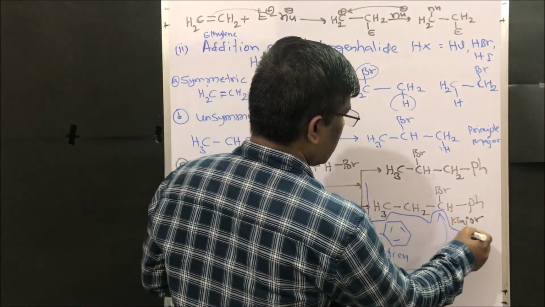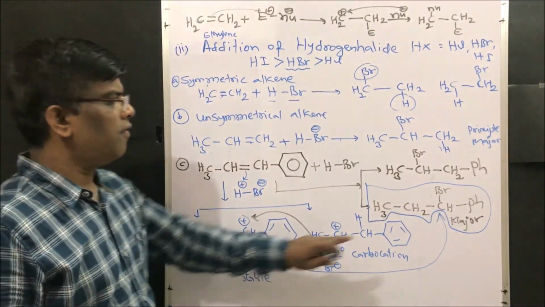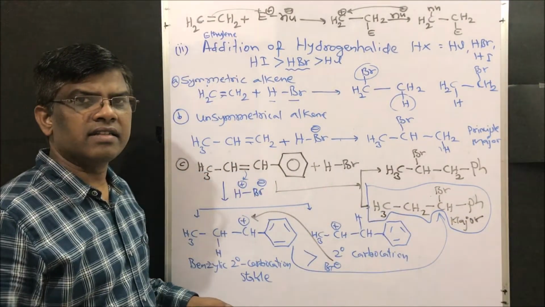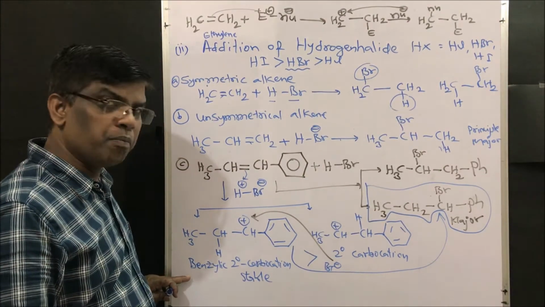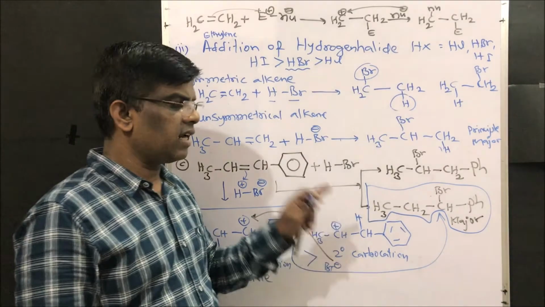If you know the mechanism, then only you can explain the major formation of this product, right friends? So the important point to remember here is that a benzylic secondary carbocation is more stable than a secondary carbocation.